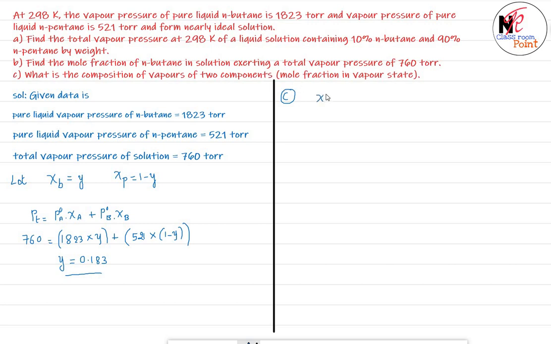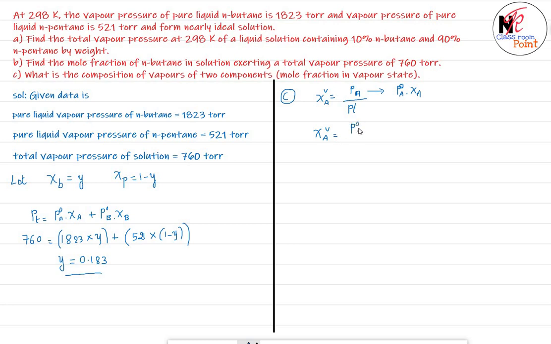For a liquid-liquid type solution, the mole fraction of any component in the vapor state is the partial pressure of that component divided by the total pressure of the solution. The partial pressure of the component can also be calculated as P naught A XA. By substituting, we can get the mole fraction of A in the vapor state.